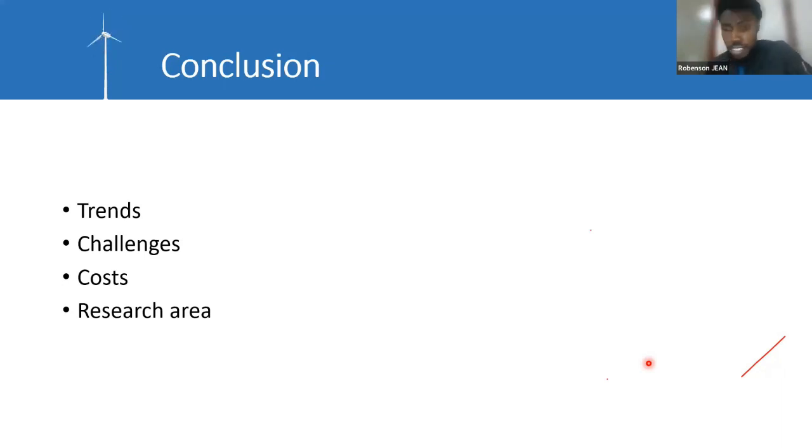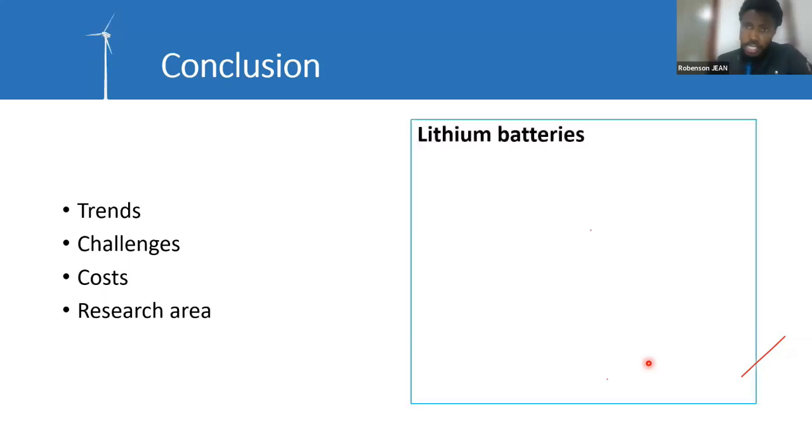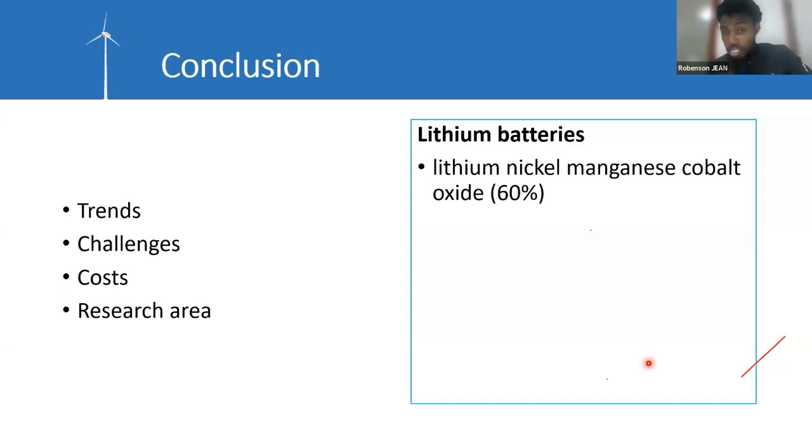But how is it nowadays? Nowadays, the leading technology in battery energy storage systems is the lithium battery. In terms of the material used for the electrode, the leading technology is lithium nickel manganese cobalt oxide, which is available at 60% on the market nowadays.